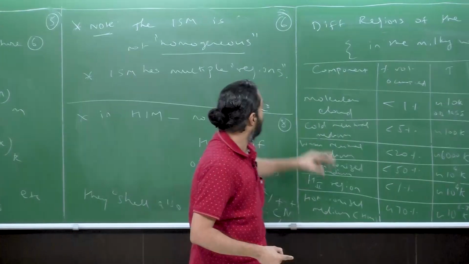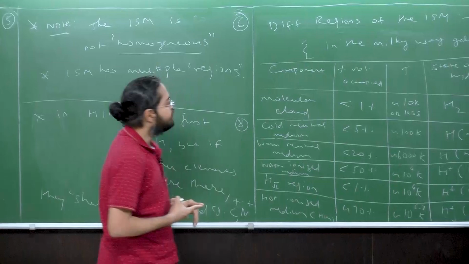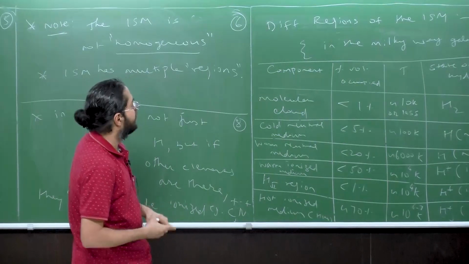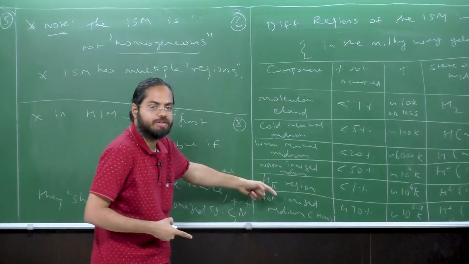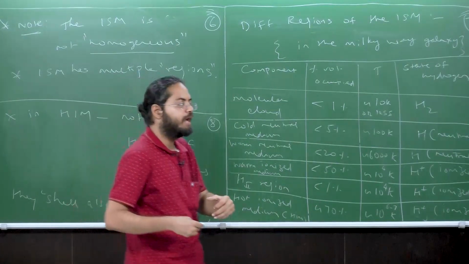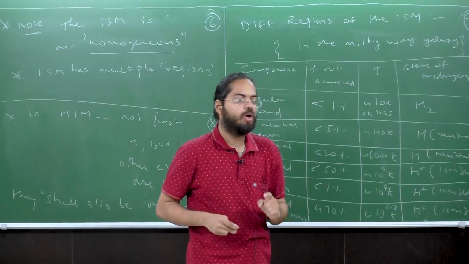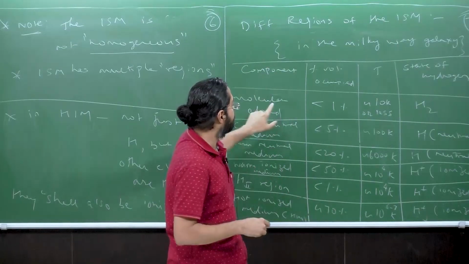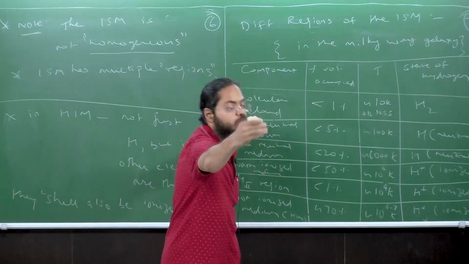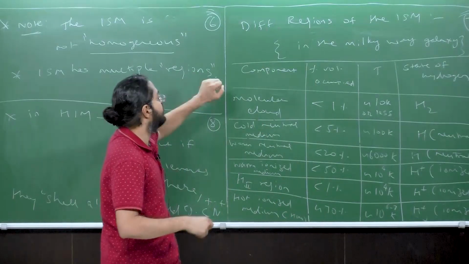So what did we see so far in this lecture? We saw that the interstellar medium is not a homogeneous medium. It has various different regions. And in the different regions, we have the opportunity to study different types of chemistry. Although the predominant one responsible for molecular evolution, that is the formation of larger molecules from smaller molecules in space, is the molecular cloud region.